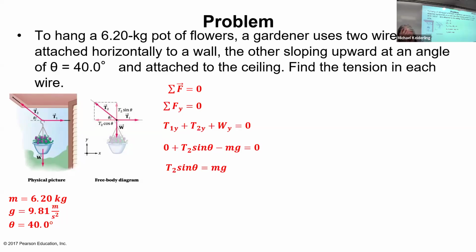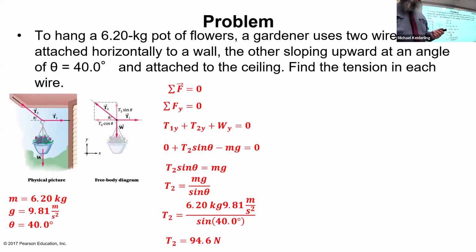I'll re-upload the slides because apparently I got T1 and T2 switched from what they are in the picture. I think it was just going from left to right. So T2 is going to be mg over sine theta. So 6.2 kilograms times 9.81 meters per second squared over the sine of 40 degrees, which is 94.6 newtons.